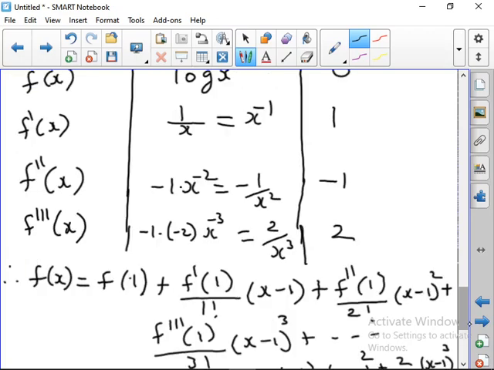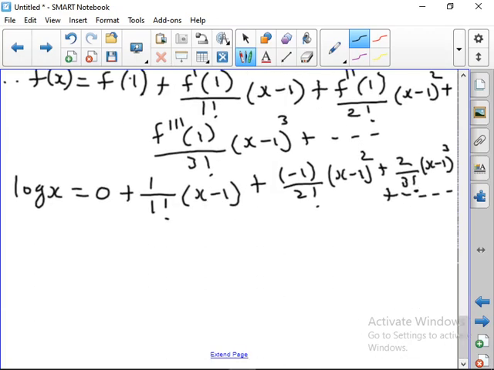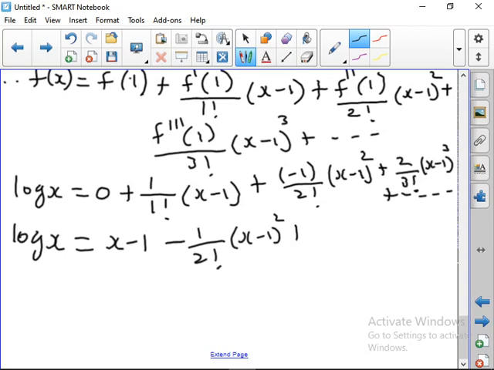So what we have now? So log x is equal to x minus 1 minus 1 by 2 factorial into x minus 1 the whole square plus 2 by 3 factorial. Okay, 2 by 3 factorial.